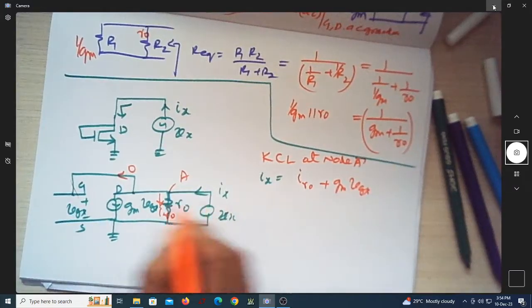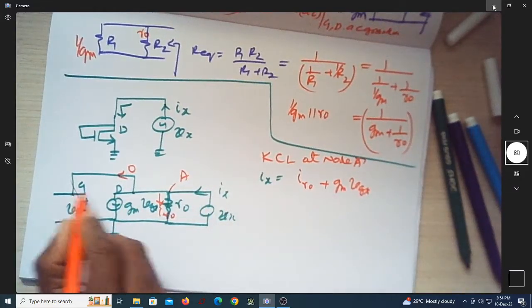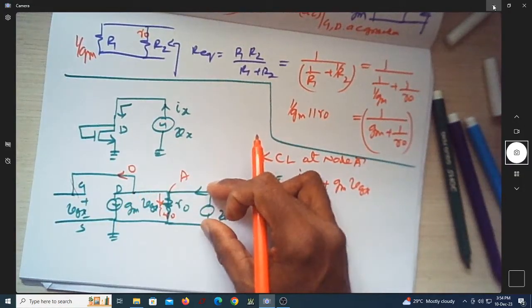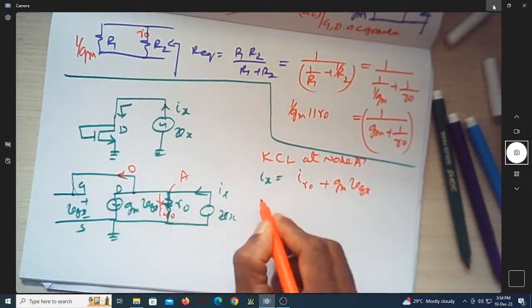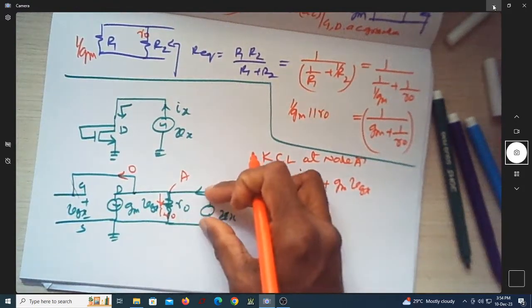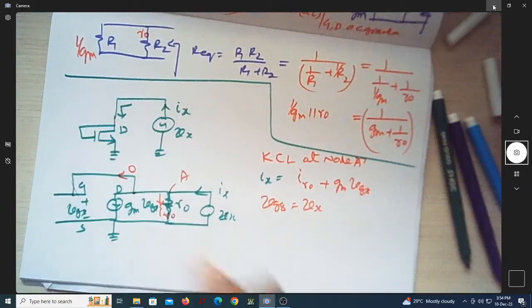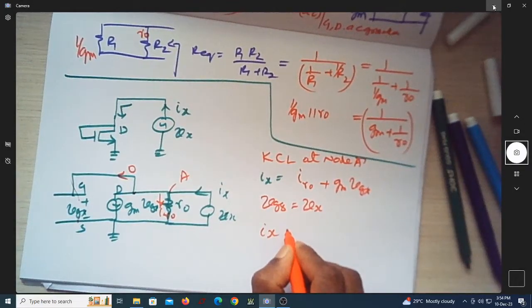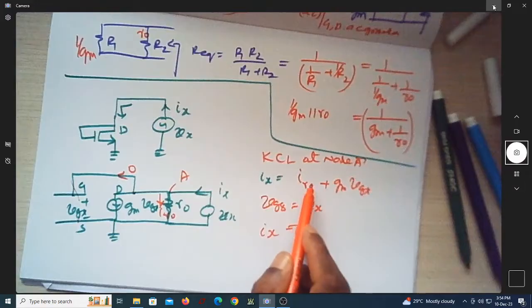Now, if you can carefully see, is this point same as this point? So what is the voltage here? Do you have Vx here? From the circuit, can I write VGS is equal to Vx? This entire Vx is going here, so VGS is exactly equal to Vx. Let me rewrite that. Ix is equal to, then what is IR0?